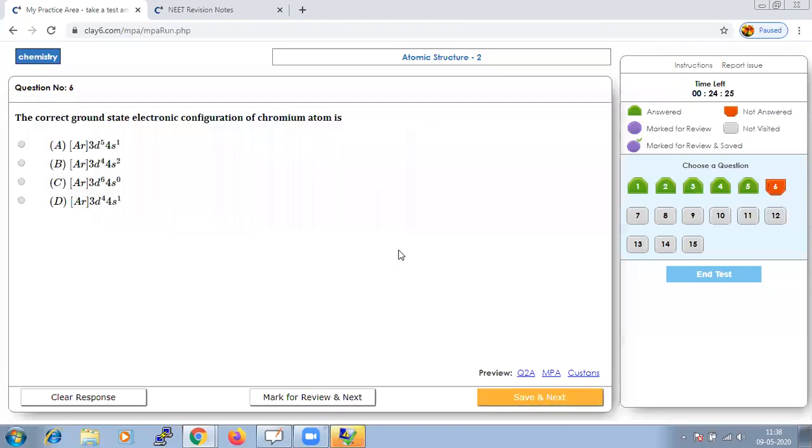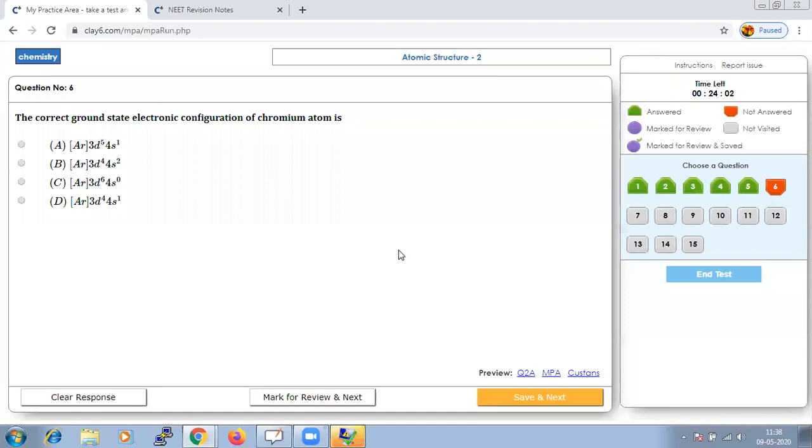The correct ground state electronic configuration of the chromium atom. It is important that you know the atomic number of chromium. If you do a simple electronic configuration for the chromium atom, we will be able to calculate it very easily.